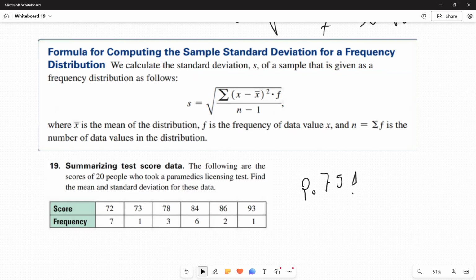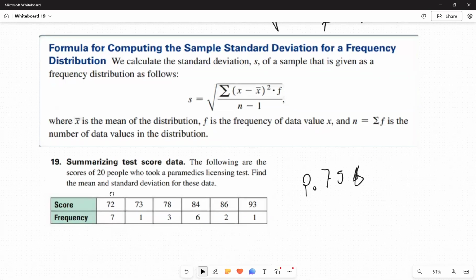Now we have frequencies. That is, 7 people had 72, 1 person had 73, 3 people had 78, 6 people had 84, 2 people had 86, and 1 person had 93. This is page 756.